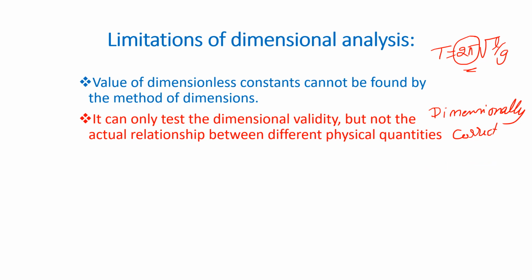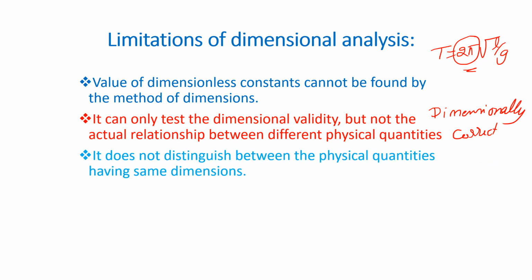And what is the third drawback of dimensional analysis? It does not distinguish between physical quantities having the same dimension. For example, work and energy have the same dimension, and it will not distinguish between the two.